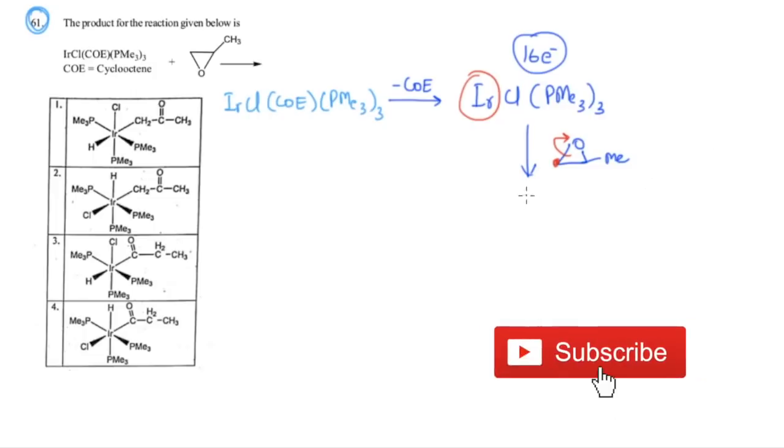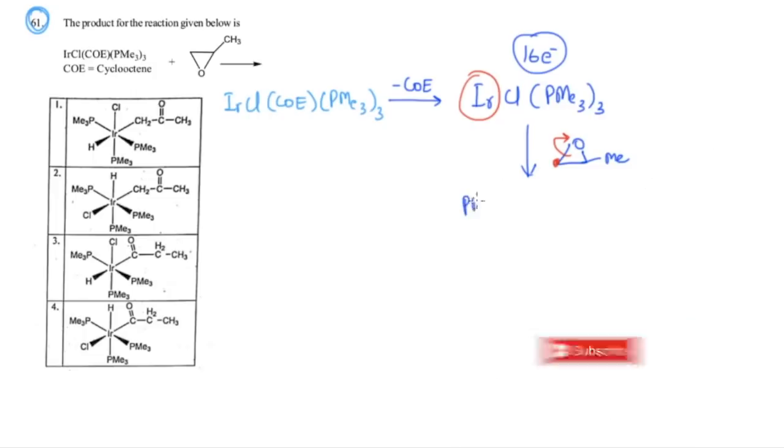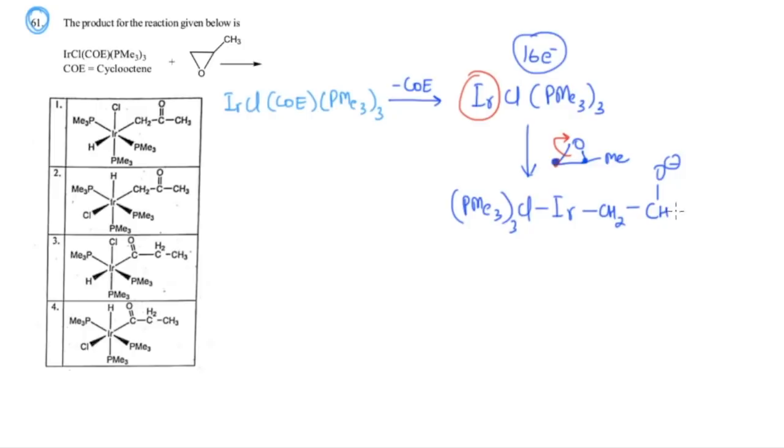The next species will be this: PMe3 thrice and Cl, with iridium attached to that, and we'll be having CH2. This is actually your CH2, right? Then we have CH, O minus and Me. So that's what will be formed.